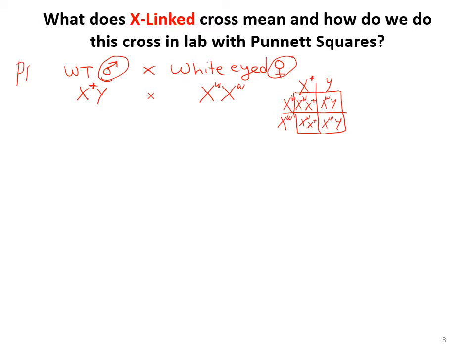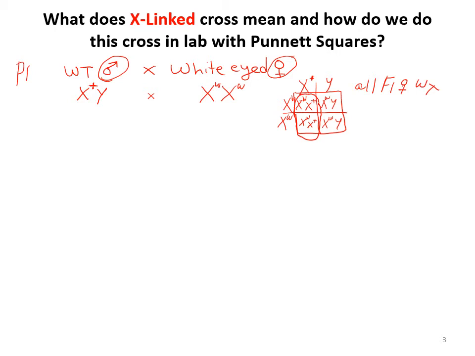And what you are noticing in the results within this Punnett square is that all of the females, so this half, those are the females because they're XX, notice each one has at least one plus mark, one wild type allele. So that means that all of the F1 females, what do they look like? They look like they're wild type.